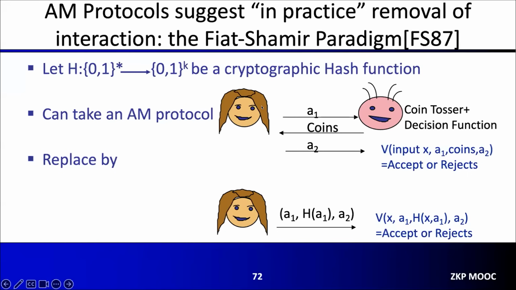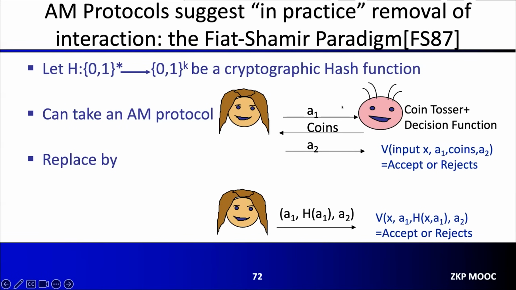What I can do, instead of really interacting, sending A1, getting back coins, sending A2, and so forth, is send you a string, which is my first message A1, and instead of waiting for your message with coins, I will by myself apply big H, this hash function, to my own message. And since I'm told this H really just takes the message and outputs something that looks random, I will now view this as your coin question, and answer that.